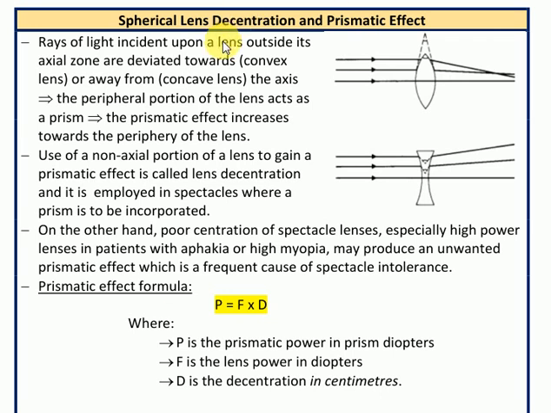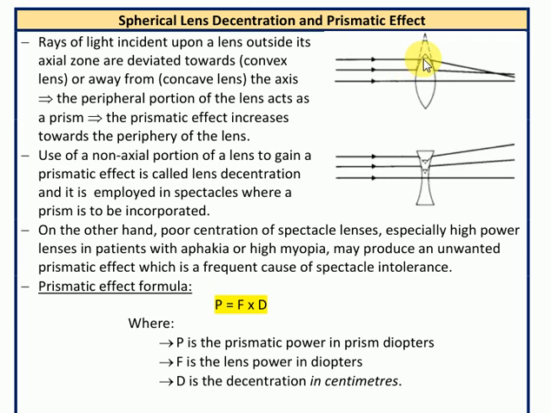Spherical lens decentration and prismatic effect. So when there is spherical lens decentration, prismatic effect is produced. So these are the rays of light, they are incident upon a lens outside its axial zone. So this is outside the axial zone in case of convex lens.